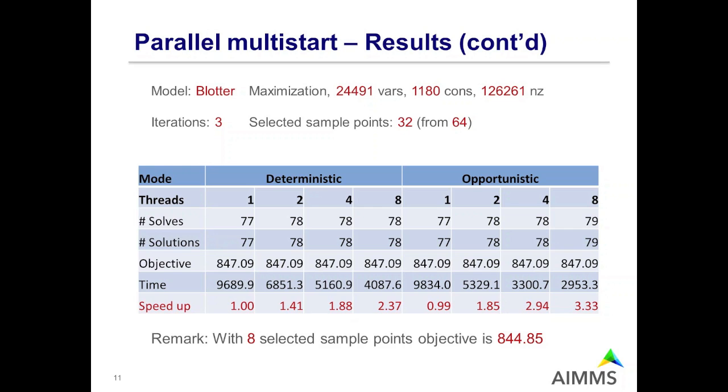If I had chosen only 8 sample points, the objective value would have been worse, because we are maximizing. So the number of sample points was needed here. These examples show that in some cases multistart can be very useful, especially if you have non-trivial models. But for small models, you could also use a global solver.